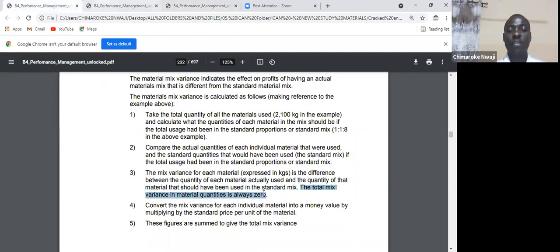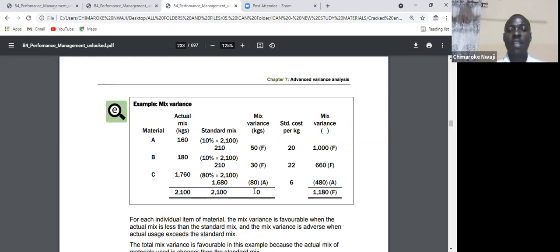So can you see the 0 here? You can get it in two ways. 50 favorable plus 30 favorable is 80 favorable, plus 80 adverse. That gives you 0. Put another way, 2,100 minus 2,100 is 0.